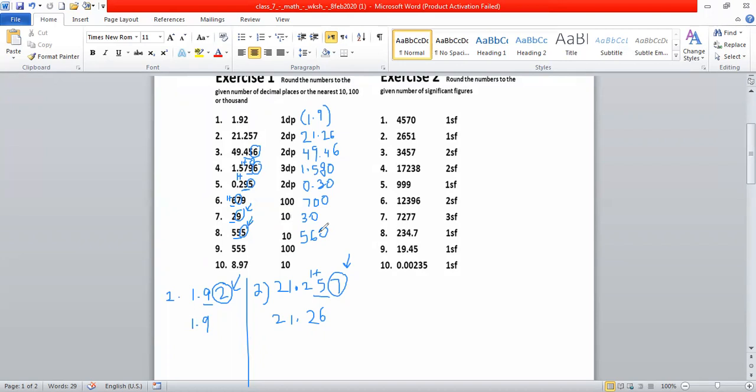So it depends upon how many numbers are approximated. So 555, you have to round this number to the nearest 10. So if you see 560, it is the answer.